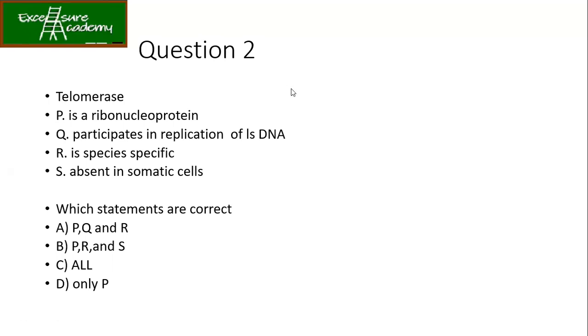Everyone is saying A. The answer is C. Absent in somatic cells is also true, right? You are okay with PQR, but it is also true that telomerase is absent in somatic cells. So the option is C over here, all of the above.